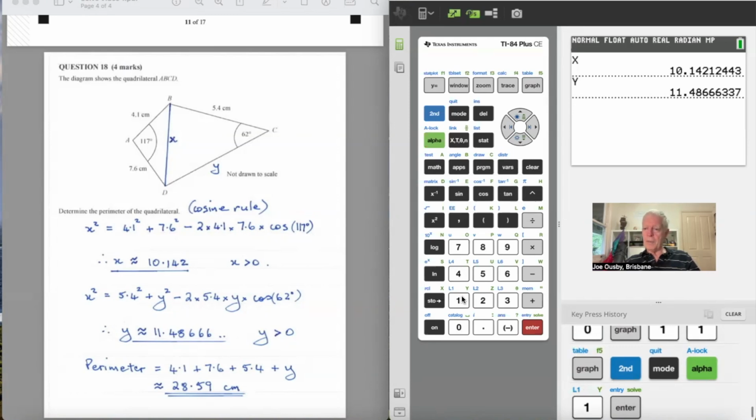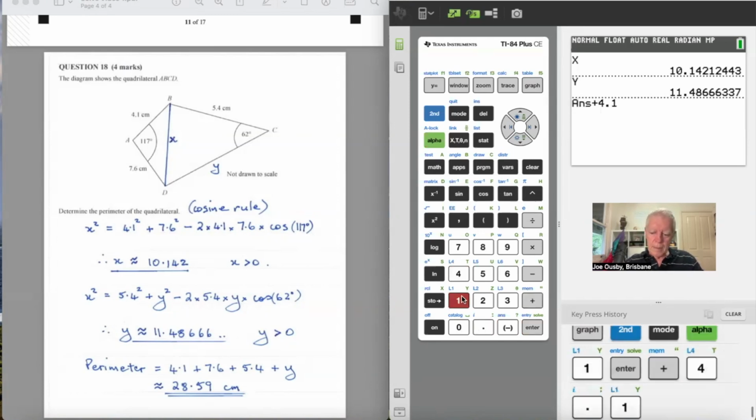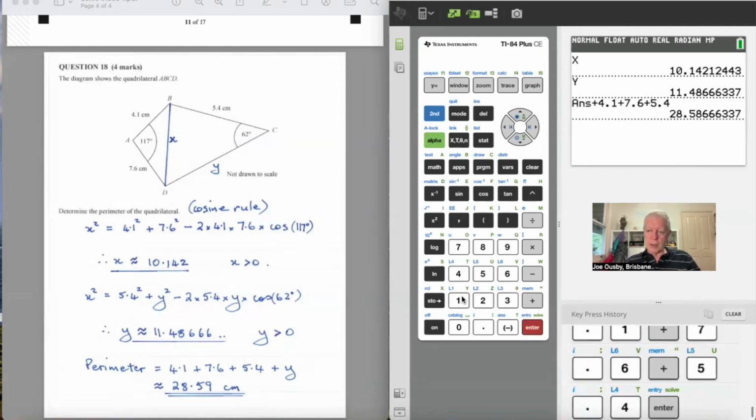Because I have 11.4866 on the screen, I could simply press the plus sign, and it will pull the answer down, and we want 4.1 plus 7.6 plus 5.4 and execute that. The answer comes out as 28.5866, which I can round to 28.59.